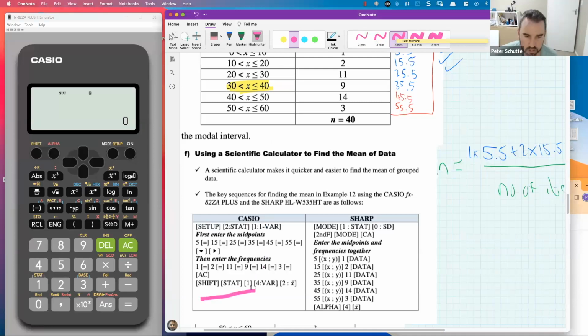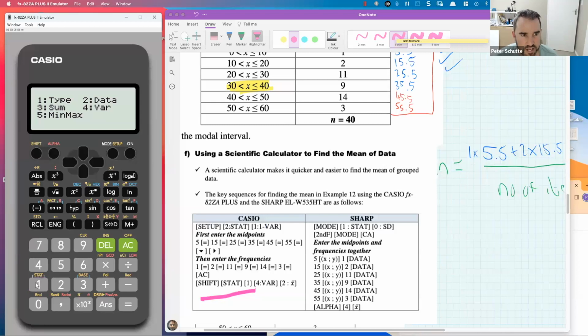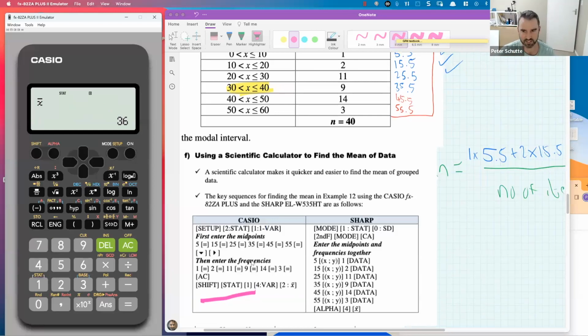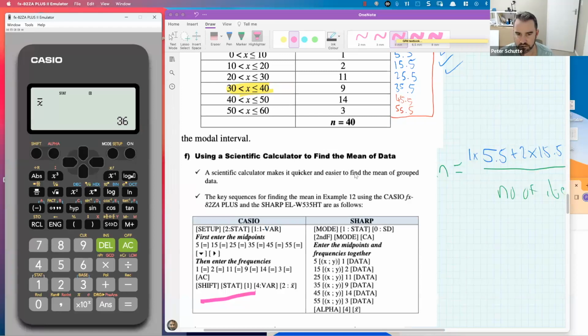Okay, so I go shift, stat, and what I'm going to do now is I press 4 for var, and then over here you can see the next value is 2 for the mean, and then I hit equals, and what I get is 36. Type 36 if you get that in the chat. We will do another one of these in a moment. I'll do another example with you. But just give me a 36 if you're okay with that.